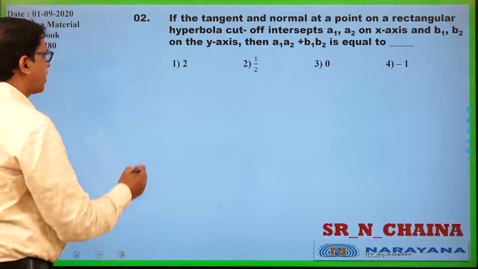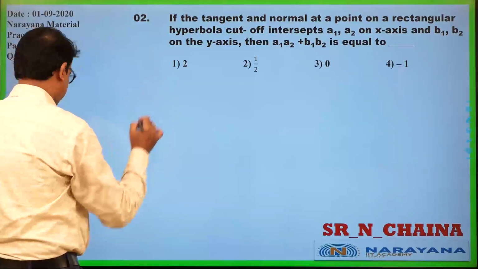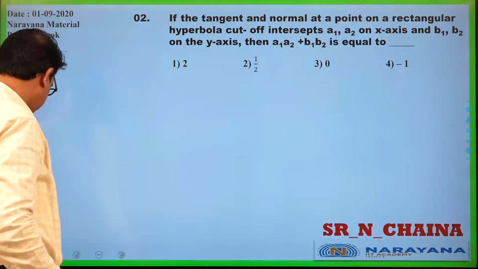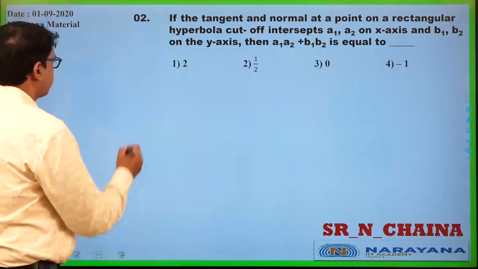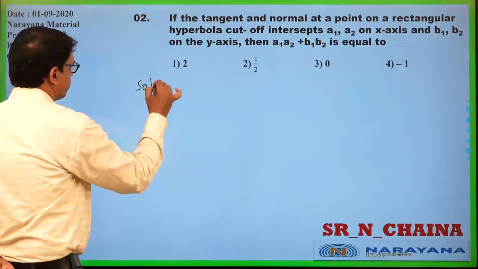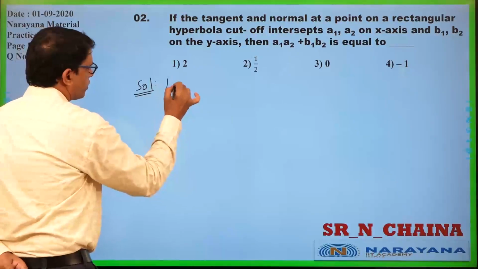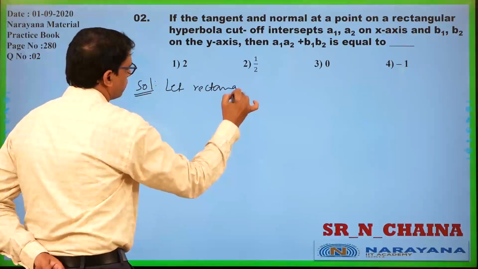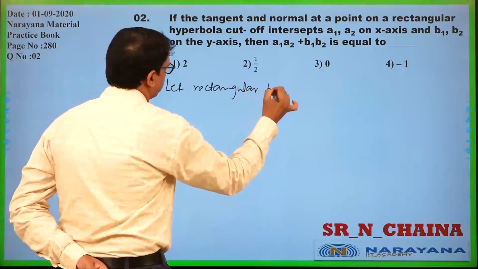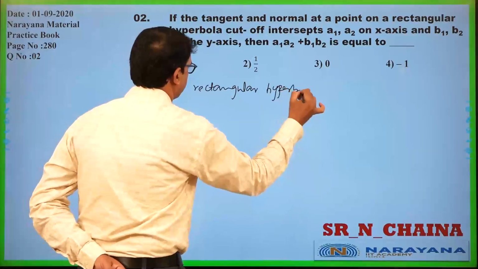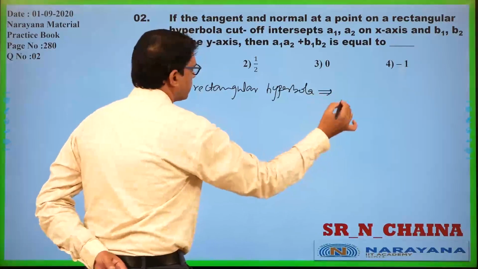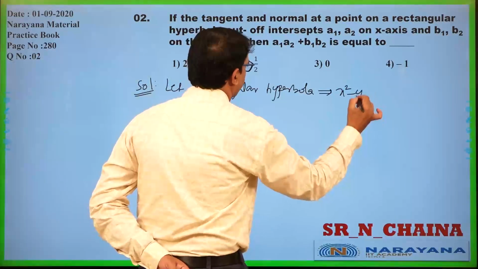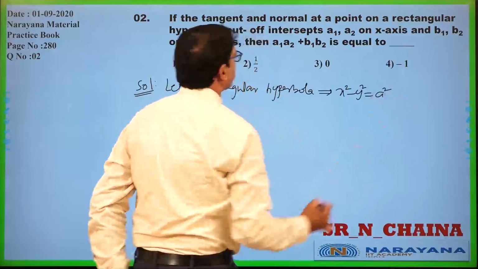So let the rectangular hyperbola be x square minus y square equals a square.